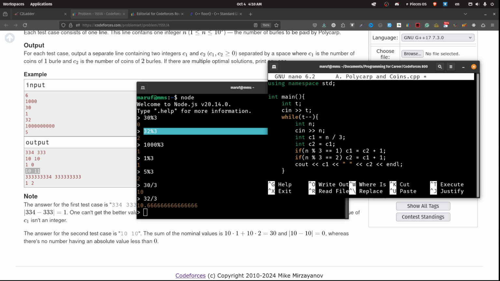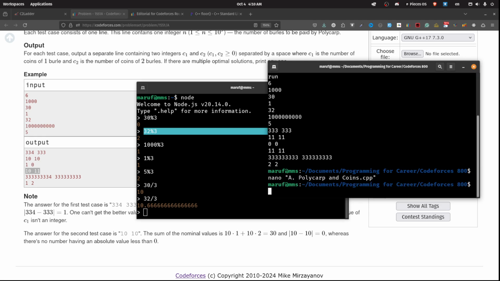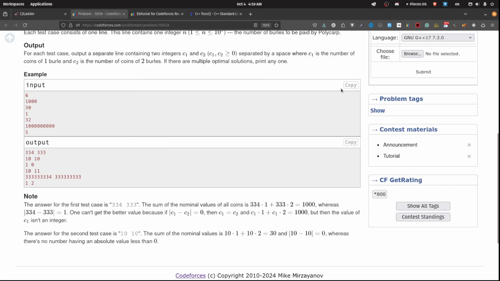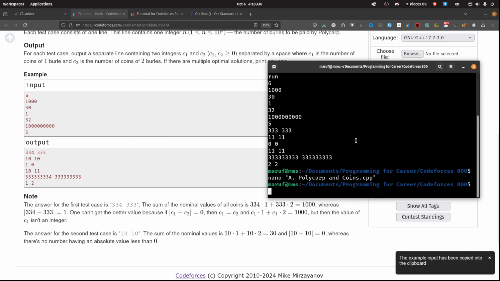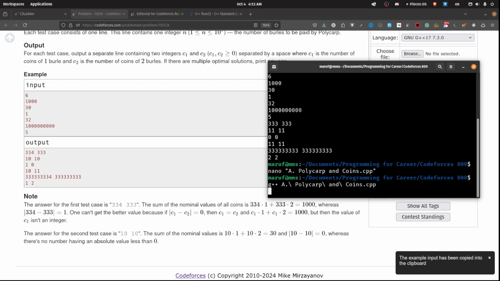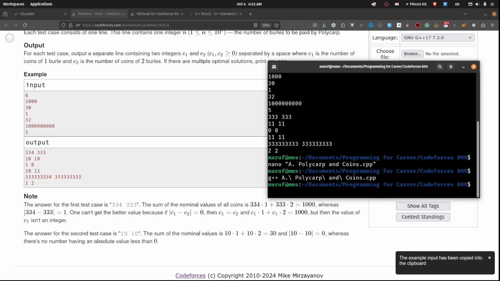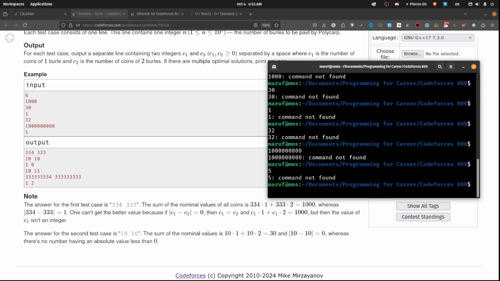That's fine. I think my source code is correct right now. So copy it and test it here. Let's run it. I think I did something wrong.